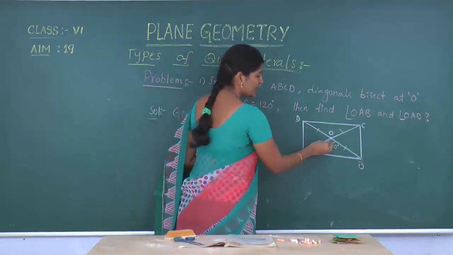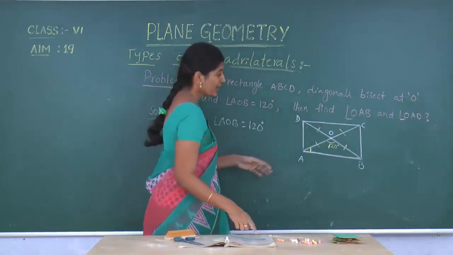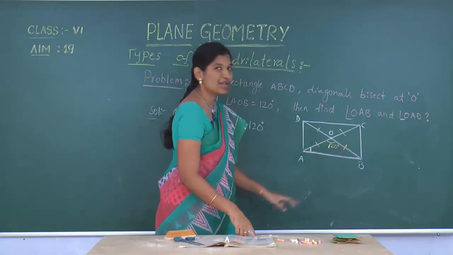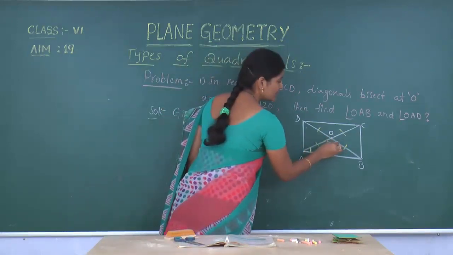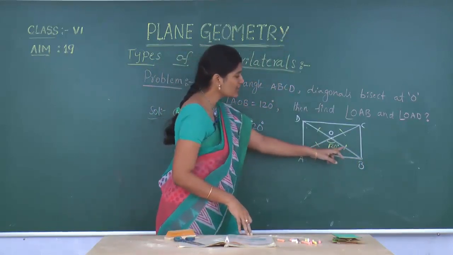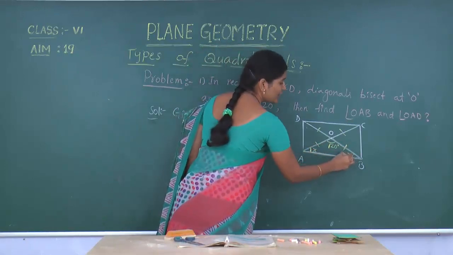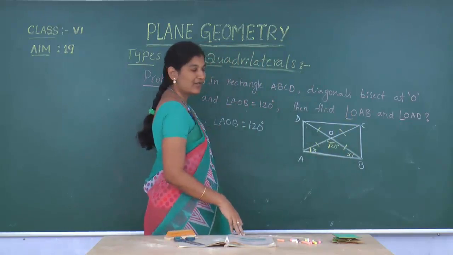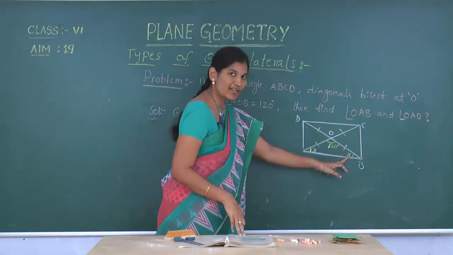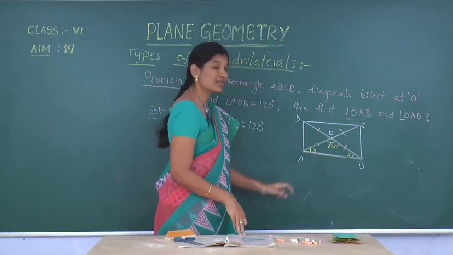Bisect each other means the lengths here are equal and the lengths here are equal. And moreover both diagonals are equal, so their lengths will be equal. Observe this triangle. This is an isosceles triangle. Why? Because these two sides are equal. Let it be x, and here also obviously it is x. Why? Because the angles opposite to equal sides are equal.